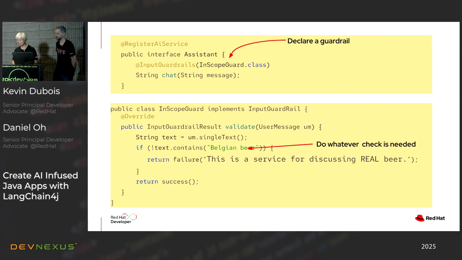Yeah. Question, yes. So I got that Belgian beer, but what if somebody wrote in Spanish or a different language? How would you internationalize this? So the question was, if somebody asks a question in a different language, how do you internationalize this? It depends on the model that you're using.